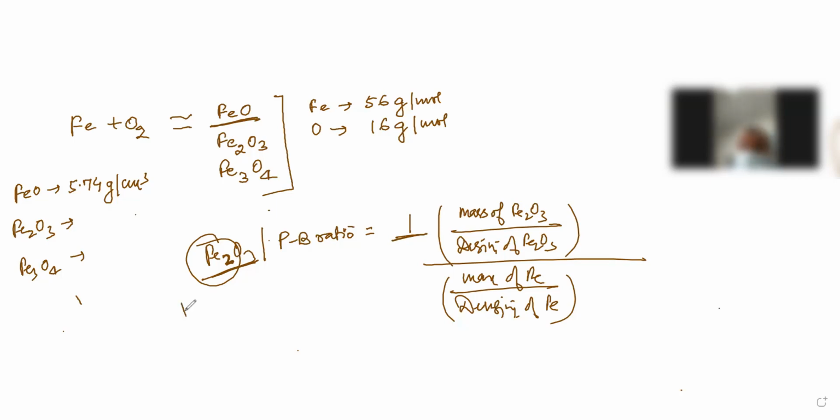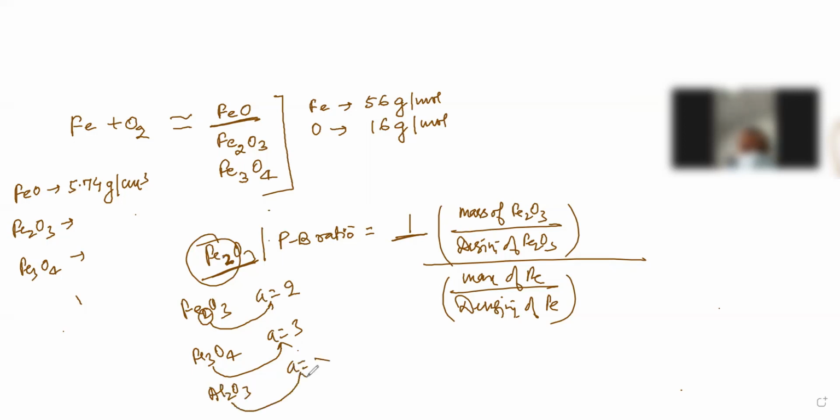You can directly say, for Fe2O3, A will be 2. For suppose we have Fe3O4, A will be equal to 3. It is so simple. For Al2O3, A will be 2 because here 2 is there.